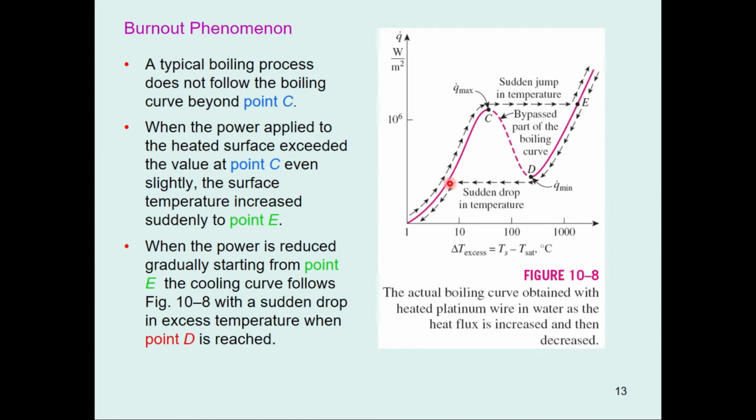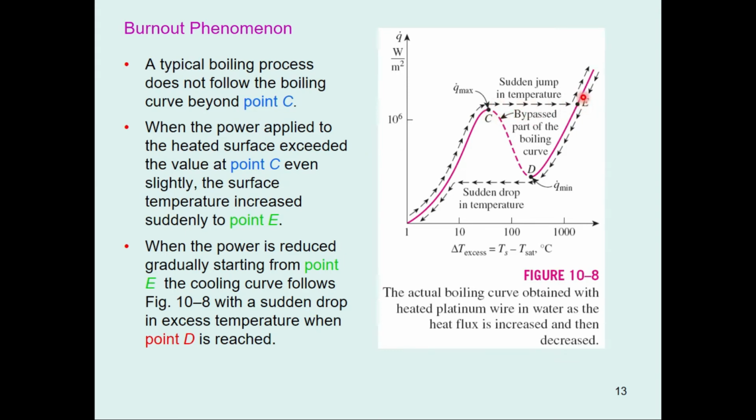So in the normal case, theoretically the boiling will follow the pink color boiling curve, but in the actual case, if we increase the delta T excess, instead of following this curve, there is a bypass when we increase the delta T excess from C to E, right?